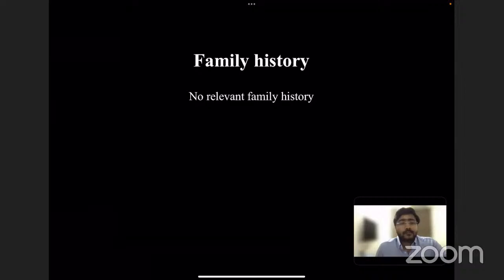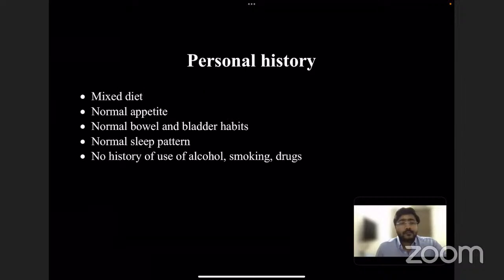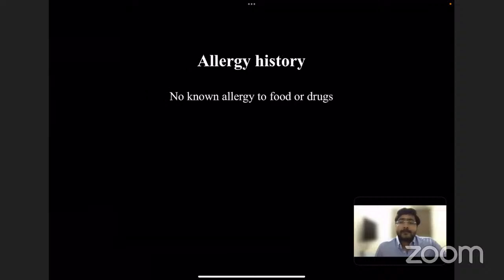Personal history: she consumes mixed diet, has normal appetite, normal bowel and bladder habits, and normal sleep pattern. She has no history of use of alcohol, smoking habits, or drugs intake. Allergy history: she has no known allergy to food or drugs.